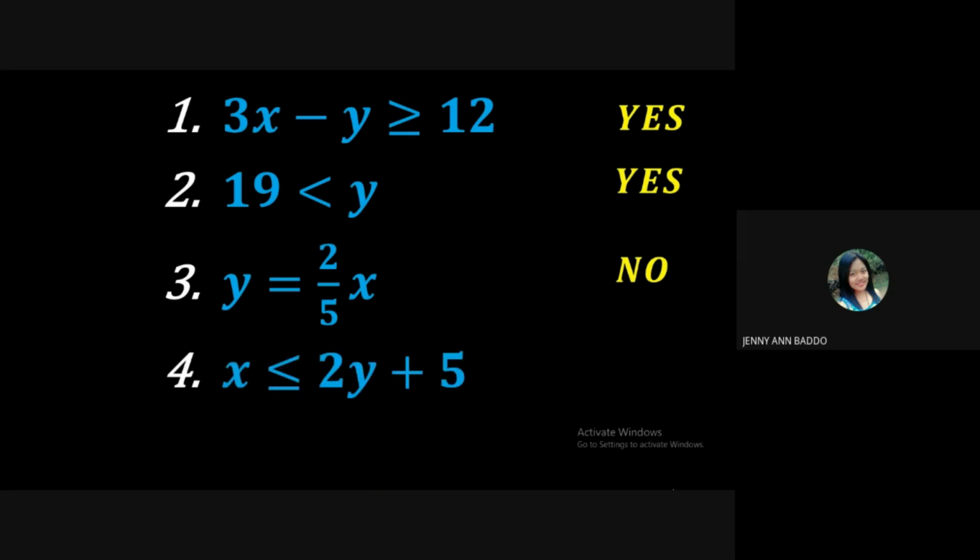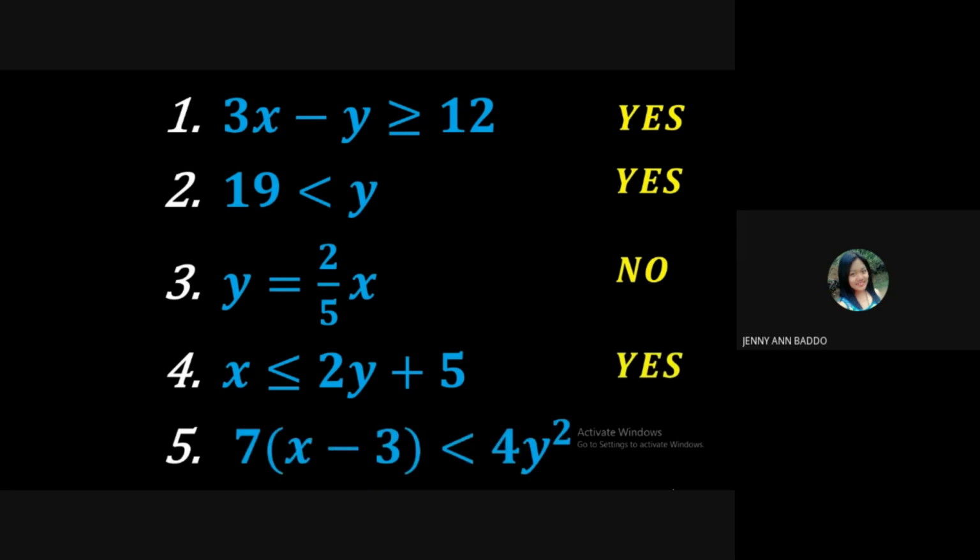How about this number 4? Is this a linear inequality in two variables? Of course, it's a yes. How about this number 5? 7 times x minus 3 is less than 4y squared. Is it a linear inequality in two variables or not?